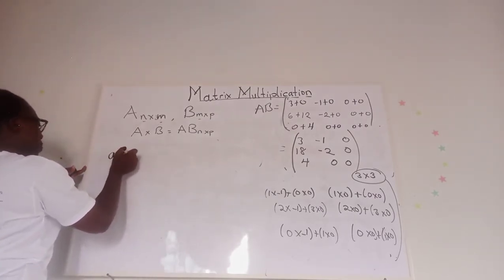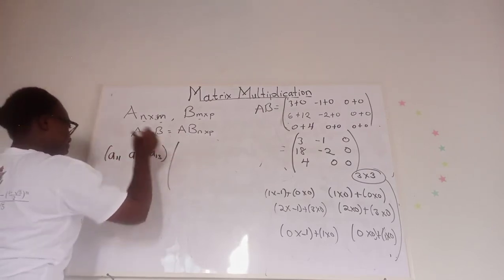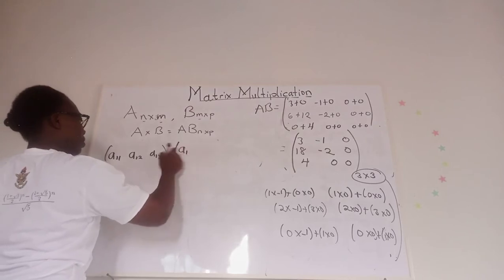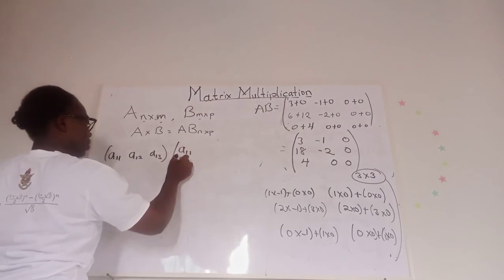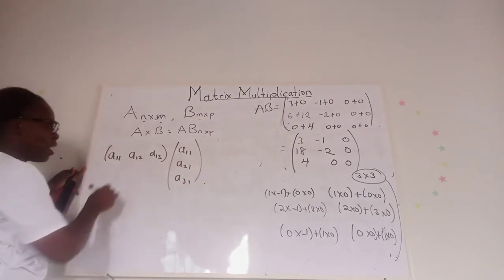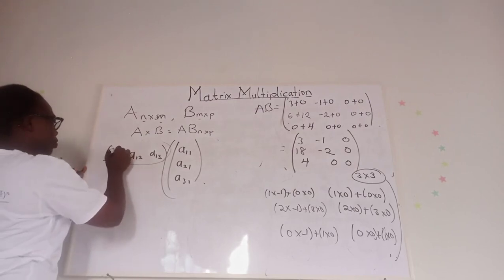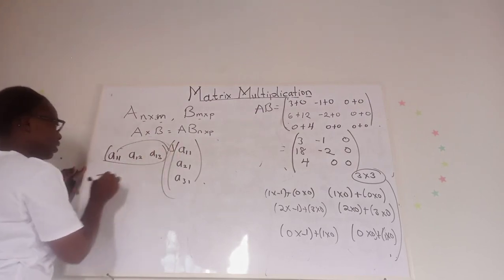Let's say A11, A12, A13, then A21, A31. Each time we pick a row, we multiply by a column. This is how the multiplication is done.